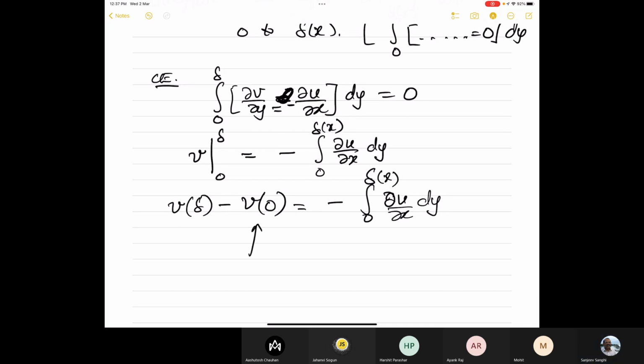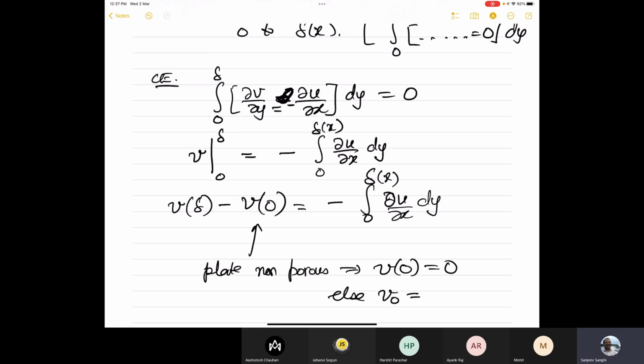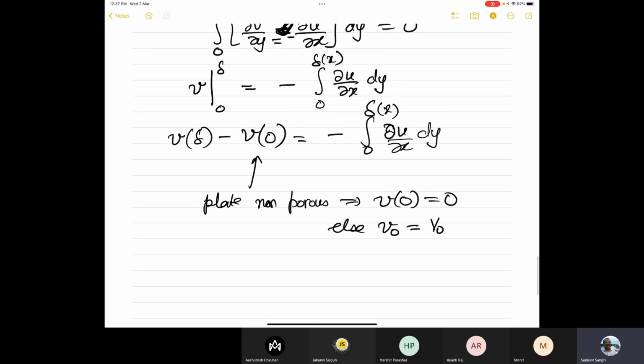Now, if the plate is non-porous or the surface is non-porous, this implies v of 0 is equal to 0, else v of 0 is equal to v0, the velocity, normal velocity at the plate. If there is a hole in the plate, then this will come. Otherwise, we get v at delta will be given by minus integral 0 to delta of ∂u/∂x dy.